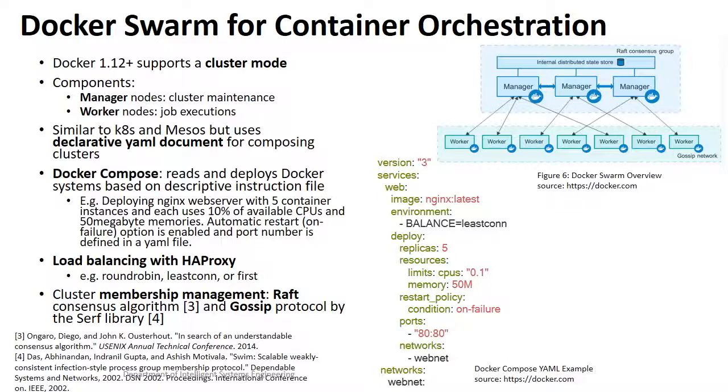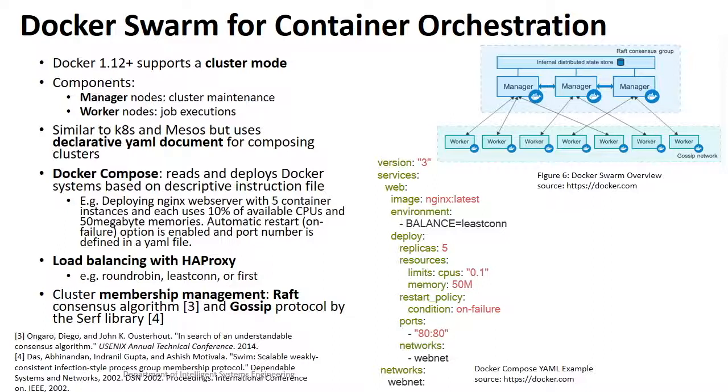So this is really similar to Kubernetes and Mesos in some form, in the design of the clusters, but this is initially being provided by Docker Swarm.